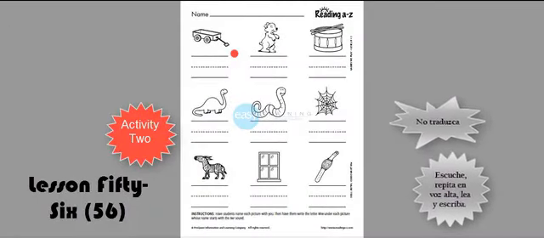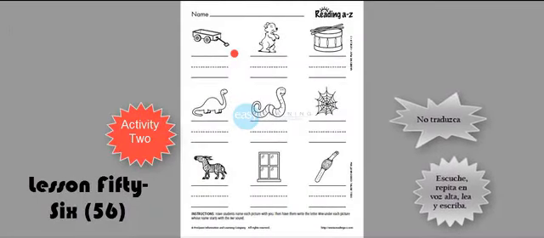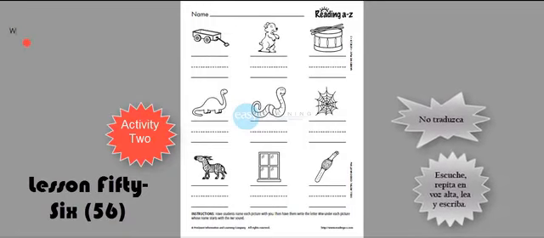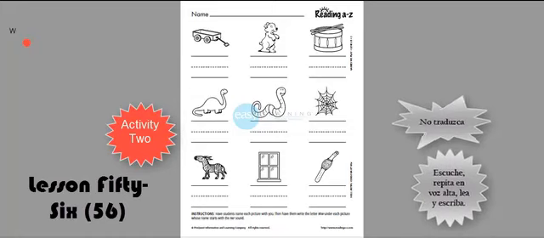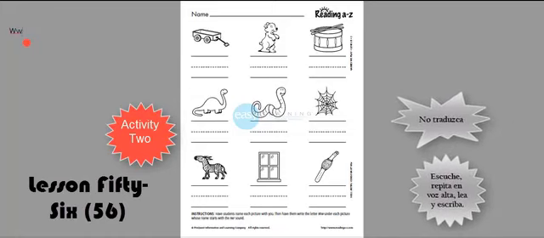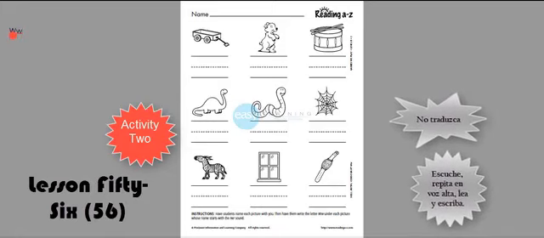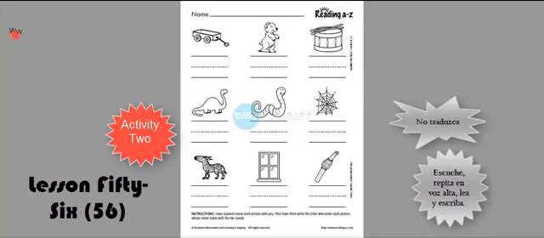This is activity number 2. To begin with, I want to introduce uppercase W and lowercase w, or little w and big W, capital and little w.